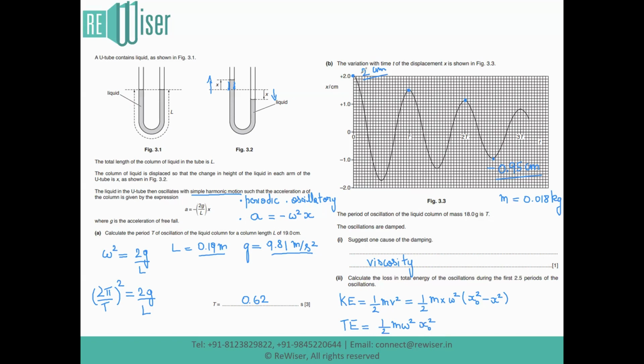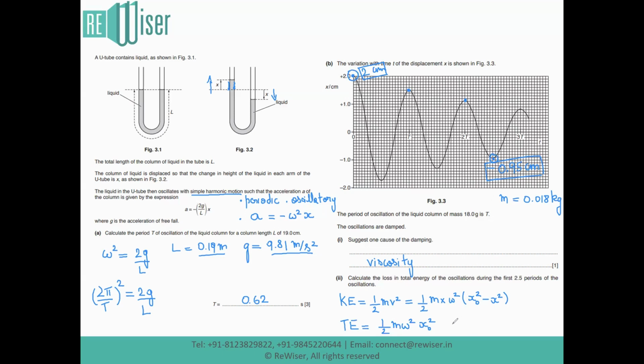At 2 centimeters, we just need to substitute the value of x₀ as 0.02 meters, and at minus 0.95 centimeters, we need to substitute the value of x₀ at minus 0.95 centimeters. We can find out the total energy at this first instant and also at this instant of 2.5 time periods.